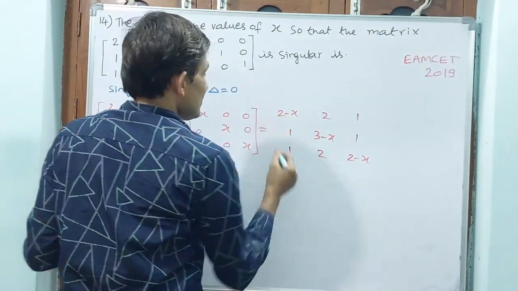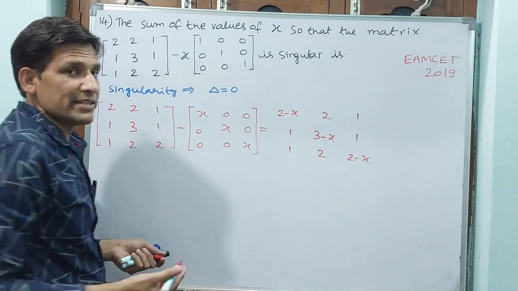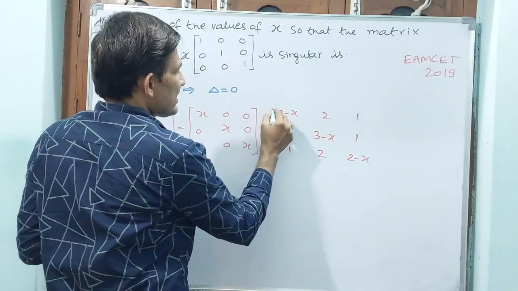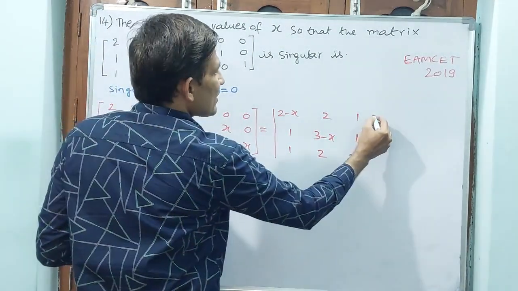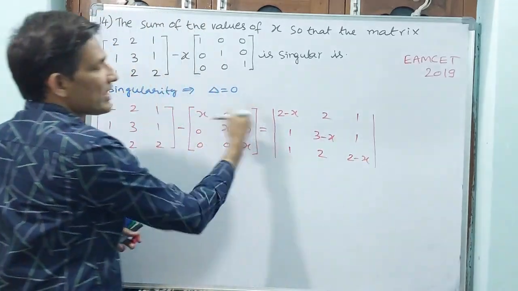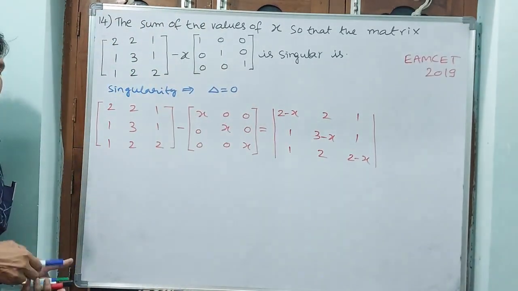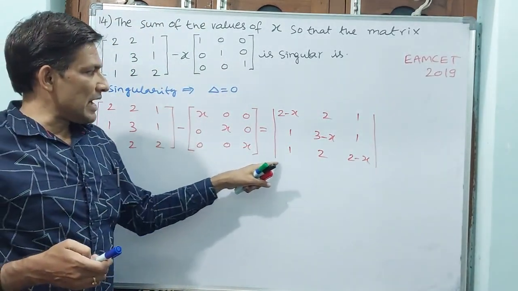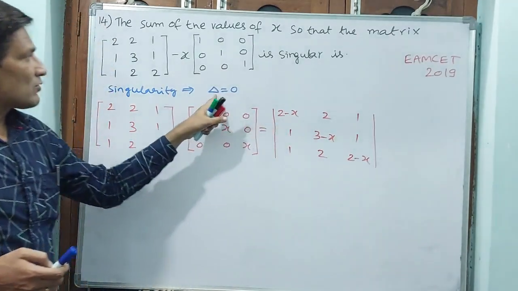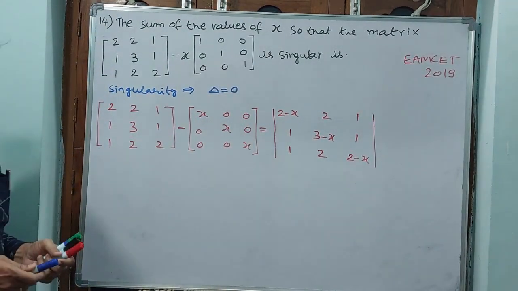Okay. See this, you can take as what we can say determinant. Now I am taking it as a determinant. Why? Because I want to find a determinant for checking singularity. Okay. See, rather than matrix symbol, I have made it a determinant.